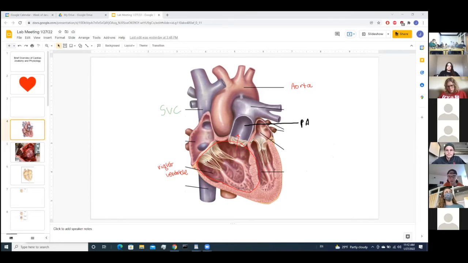Okay, Ben, label something. I'm going to label the tricuspid valve. For reference, Ben's currently working on a paper that involves the tricuspid valve. And while you're doing that, tell us why it's called the tricuspid valve and what it's between.